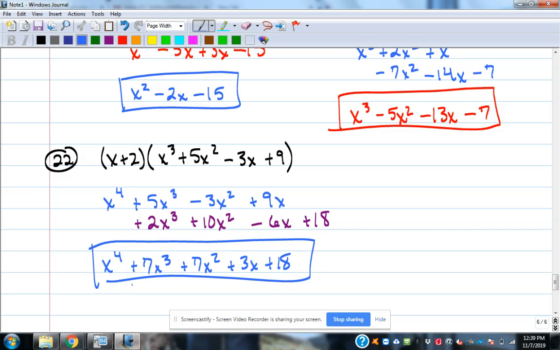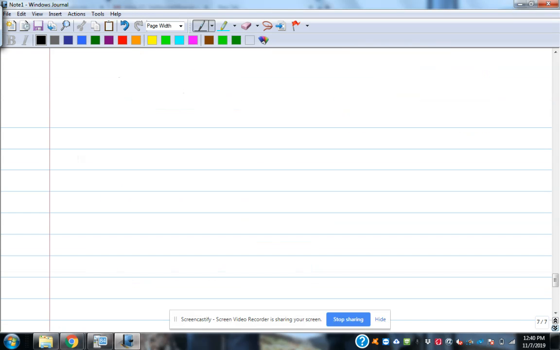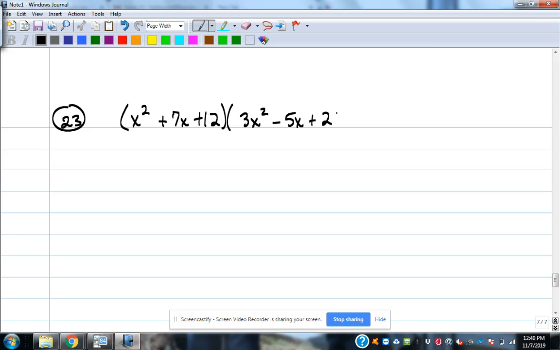So anytime that we can get like terms to come together a little easier, I think that's a handy thing to have. Even more so when you have a trinomial times a trinomial. So you have two problems that have a degree of 2, and you're multiplying them together.